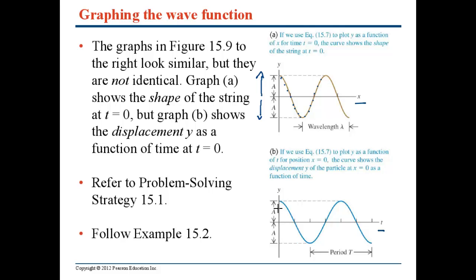If I look at position versus time, then I'm describing where my hand is at any given time. The key difference is that the distance from peak to peak on these two graphs has a different physical meaning. On a y versus x graph, we're talking about the wavelength. For the position versus time graph, we're talking about the period. Again, the period is related to the frequency with an inverse relationship.